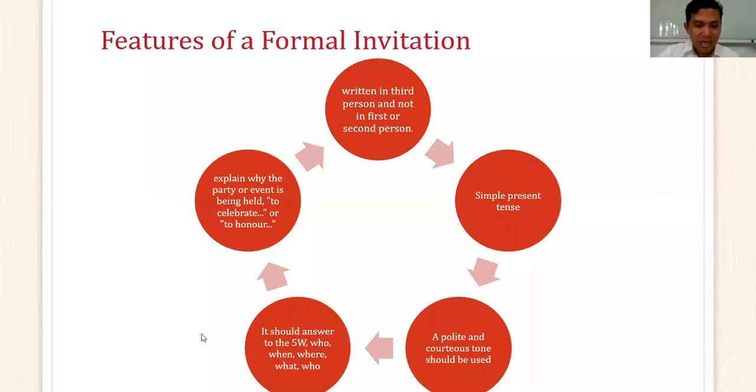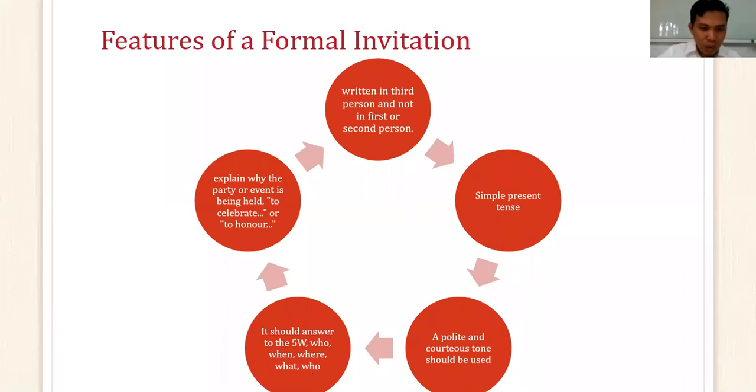And then it should answer the 5 W's: who, when, where, what, and whom. This one is whom, not who. Who is inviting and who is invited, when is the time, where is the place, what is the specific event, and whom, to whom.